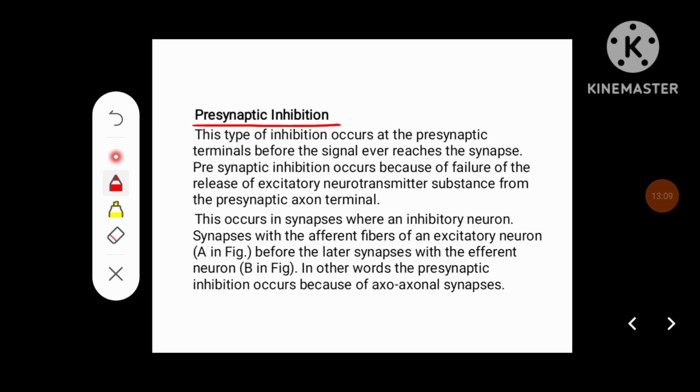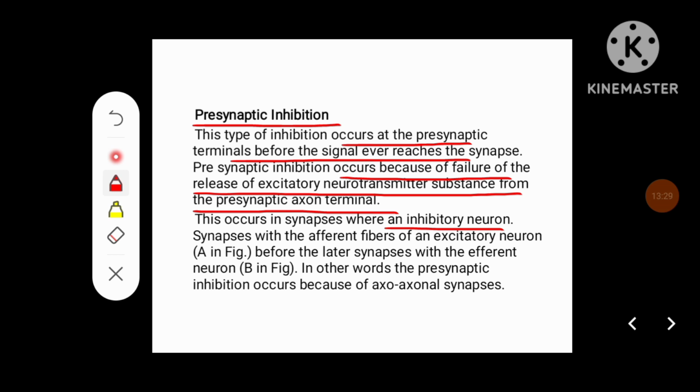Presynaptic inhibition. This type of inhibition occurs at the presynaptic terminals before the signal ever reaches the synapse. Presynaptic inhibition occurs because of failure of the release of excitatory neurotransmitter from the presynaptic axon terminal. This occurs in synapses where an inhibitory neuron synapses with the afferent fiber of an excitatory neuron before the latter synapses with the efferent neuron.